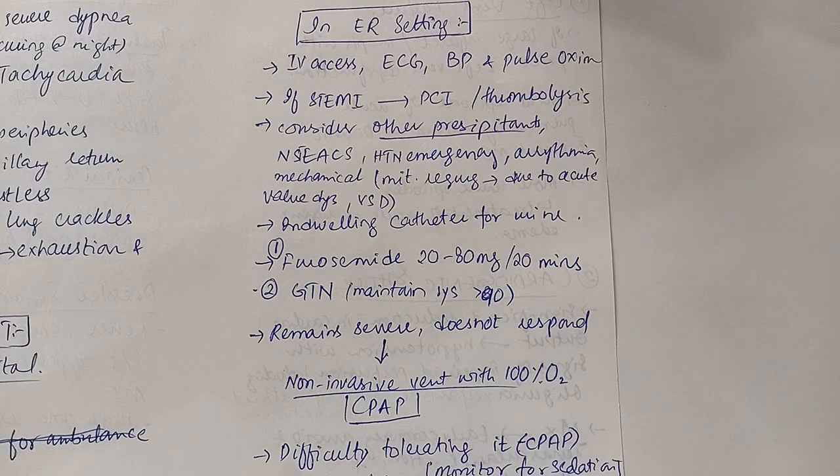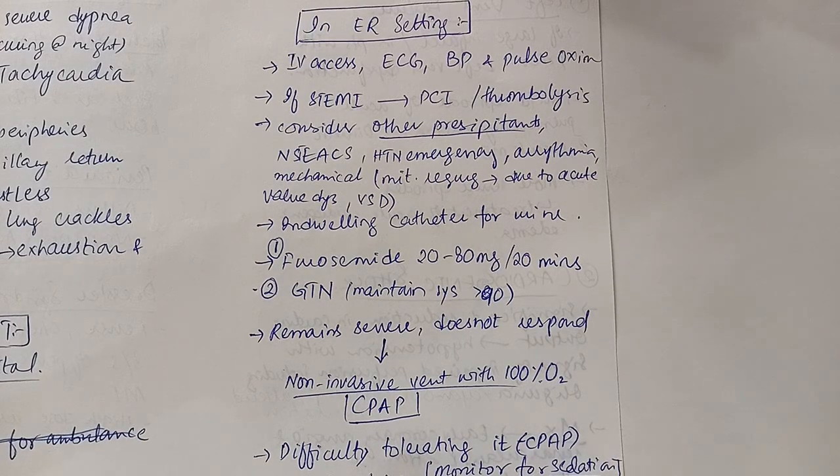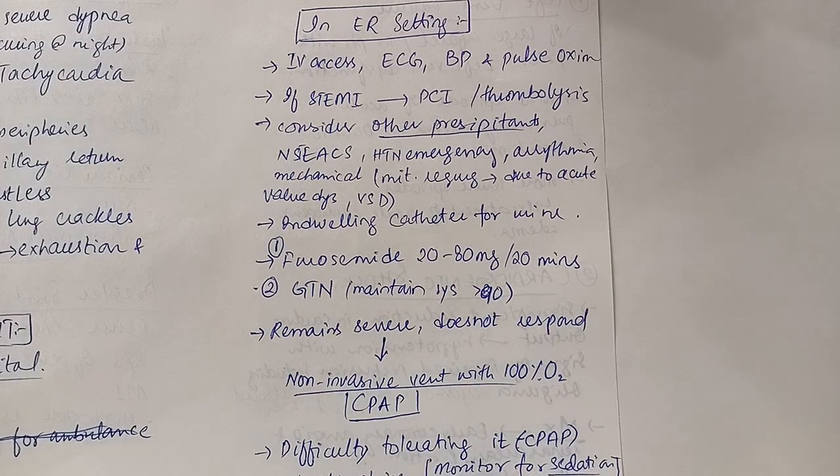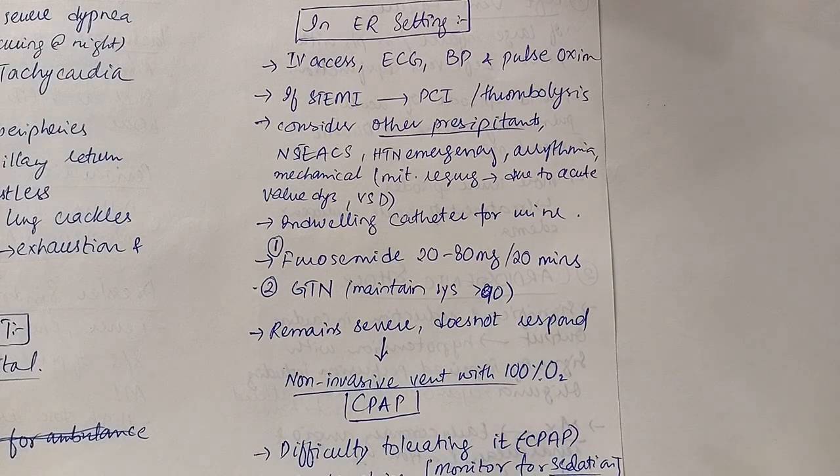If the patient has difficulty tolerating the CPAP, we are going to administer morphine. While administering morphine, we have to monitor for sedation, which is an indicator of opioid-induced ventilatory impairment.